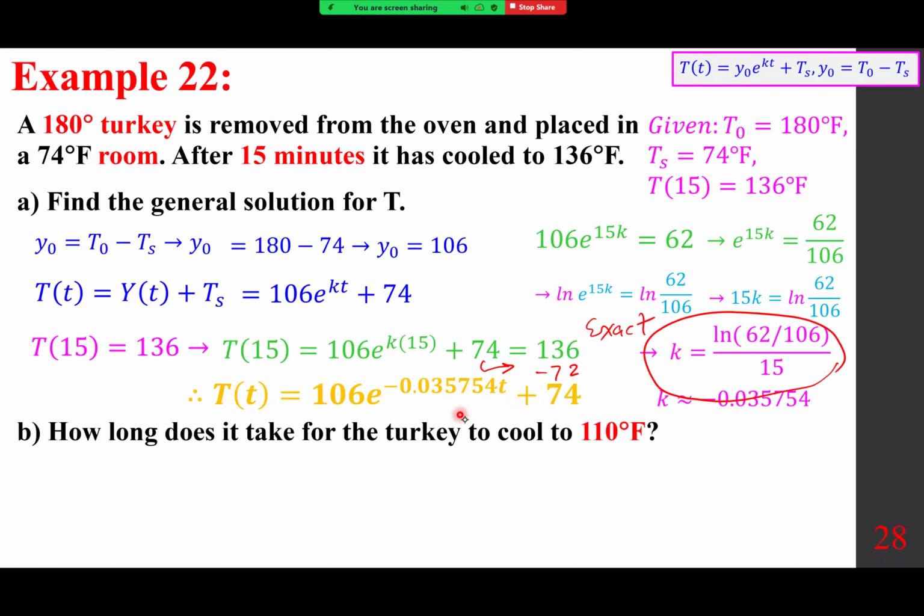How long does it take for the turkey to cool to 110 degrees Fahrenheit? So you replace T of t with 110 and you calculate the t, which again requires solving a logarithmic equation. So we are going to subtract 74 from both sides.